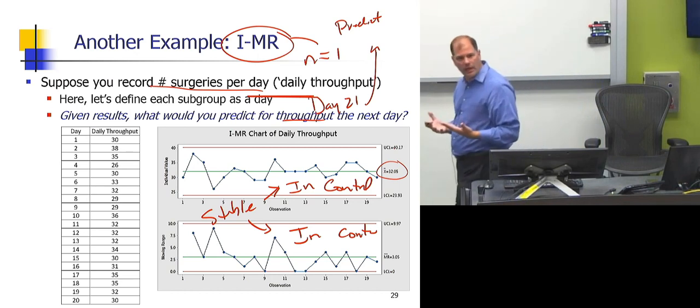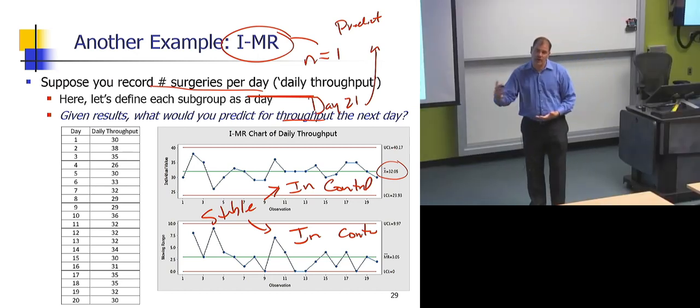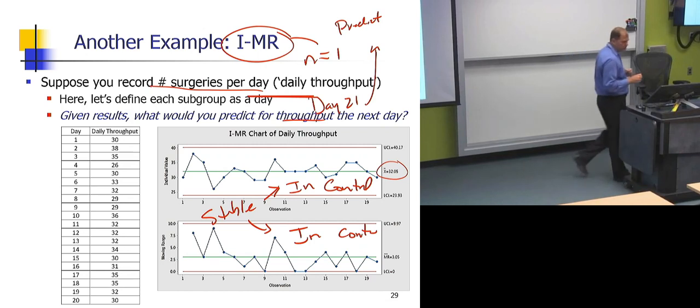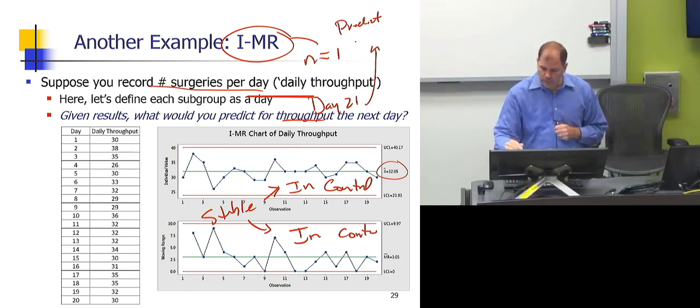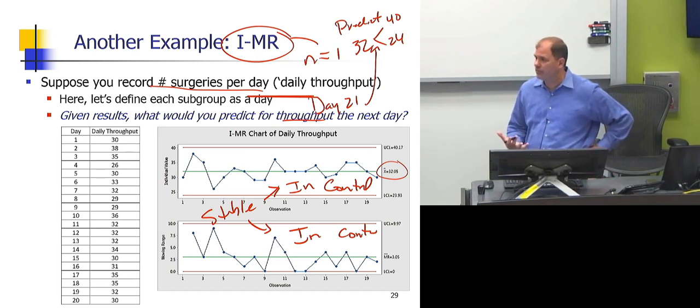You're going to predict your average, right? Because you are in control, you have a predictable process. You're going to predict 32 and between 24 and 40. Because you're in control. That's one of the powers of this.